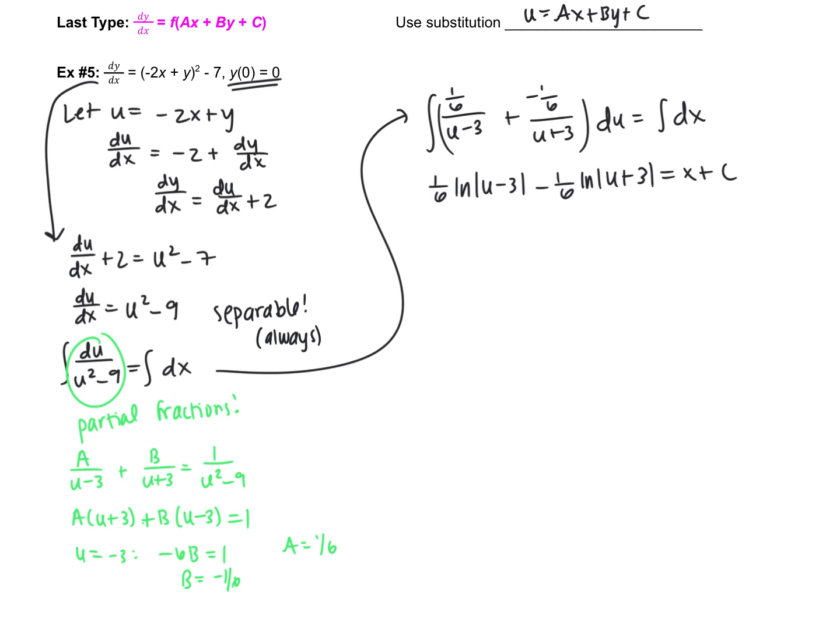So combining those natural logs, I get 1/6 natural log of (u - 3) over (u + 3) is equal to x + c. Okay, so getting rid of that 1/6 and using an e, I'm going to get (u - 3) over (u + 3) is equal to c1 e to the 6x. So I multiplied everything by 6, then I applied the e, and remember that c1 is just e to the 6c. It's just a constant.